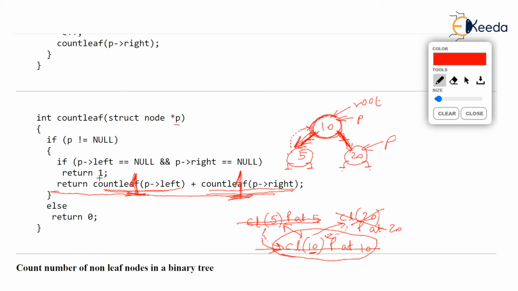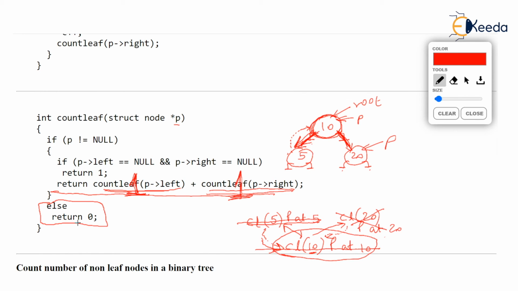By the way, the next video is going to explain how to count non-leaf nodes. Before we leave, just check the else portion of this. The else portion over here is saying return 0. Now it's really remarkable that the else portion is really going to execute sometime when we call count leaf with null.